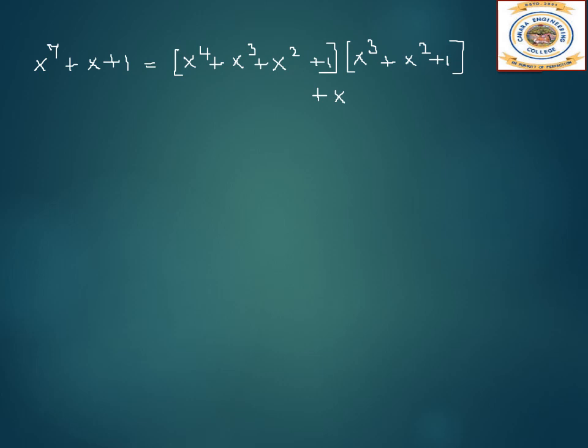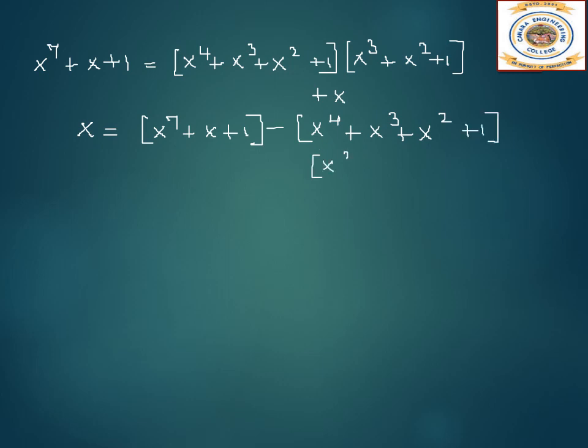Now next I want the remainder, that is remainder is x, equal to x to the power 7 plus x plus 1 minus x to the power 4 plus x cube plus x square plus 1 into x cube plus x square plus 1.